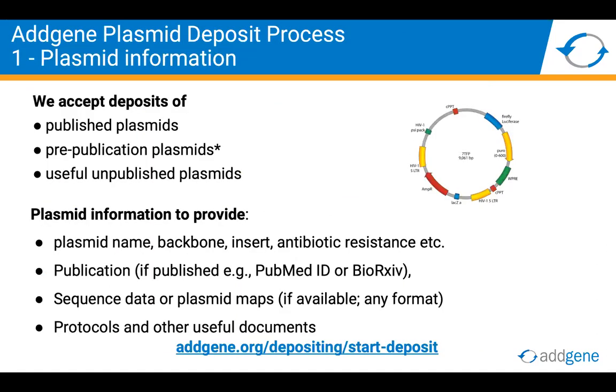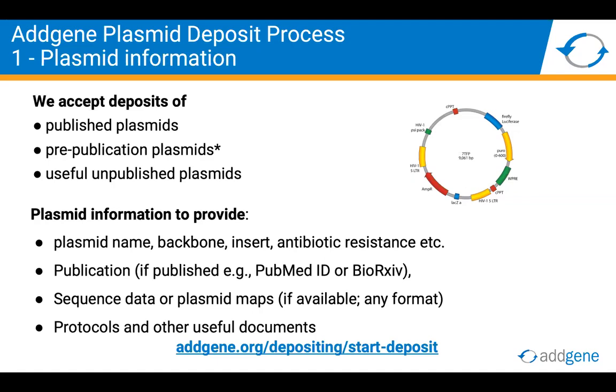So in terms of what sort of deposits we accept: published plasmids, pre-publication plasmids, and useful unpublished plasmids. When I mention pre-publication plasmids, what I mean are plasmids that you've described, and perhaps you're writing a manuscript that's not published yet.